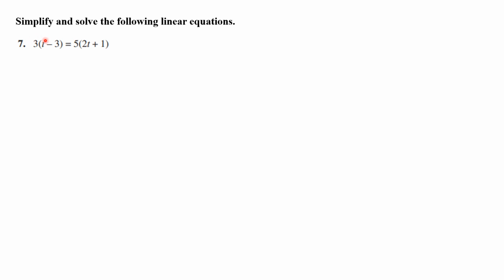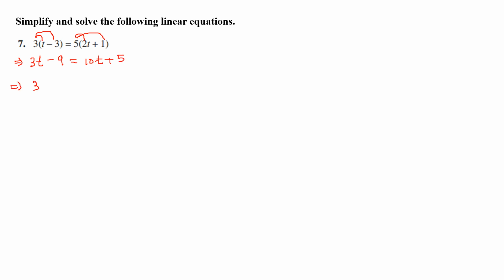You have to first use the distributive property, multiply 3 with t and minus 3. Then here also you have to use the distributive property. Then bring the variable to the LHS and then solve. So 3 times t is 3t, minus 3 into 3 will give me 9. Then 5 into 2t is 10t, plus 5 into 1 will give me 5.